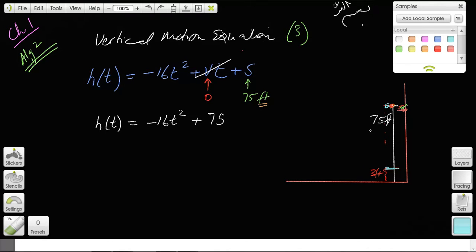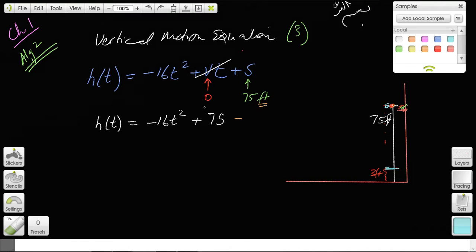The height of the keys is initially 75, and as time goes on, the height of the keys gets smaller and smaller until it's 3 feet. So we try to find the time it takes for it to be 3 feet. So this height has to be 3 feet when she catches it. That's the setup we have.